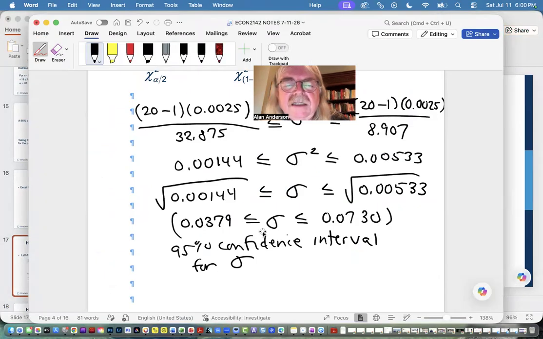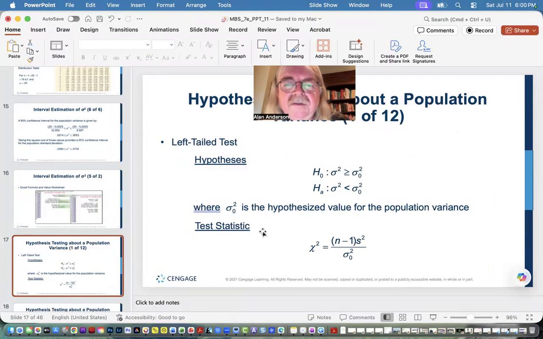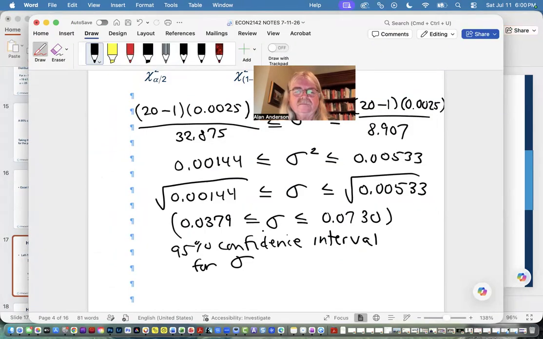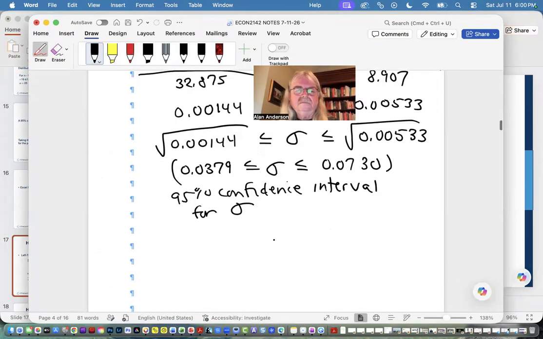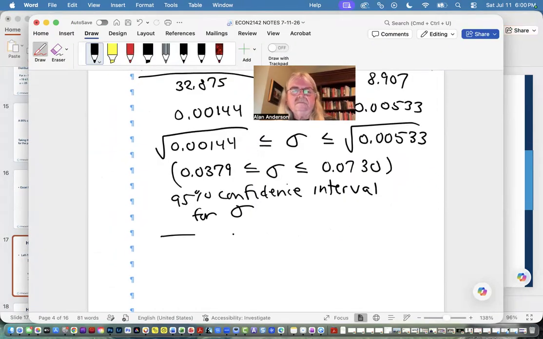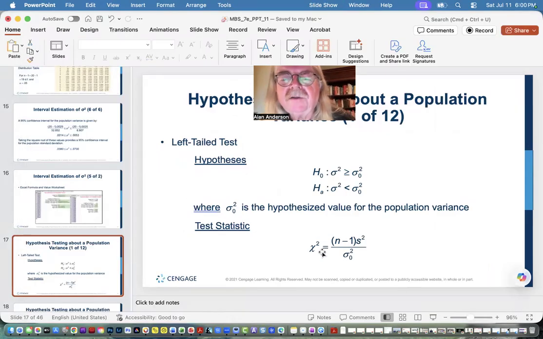Okay, so now we're going to do a hypothesis test, the same situation. Here's how we write hypothesis tests for the variance.